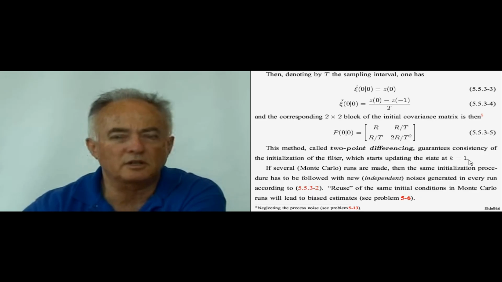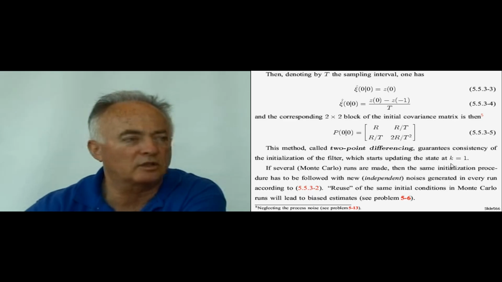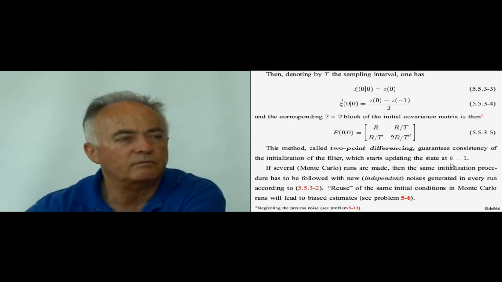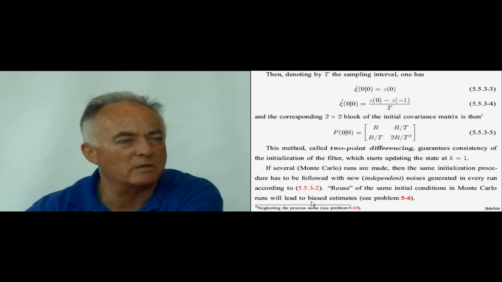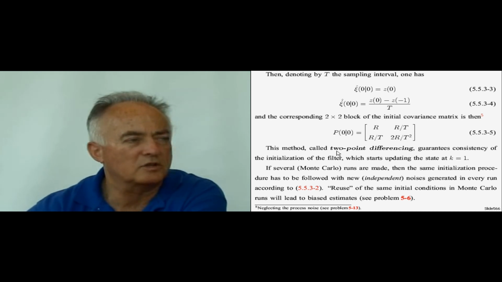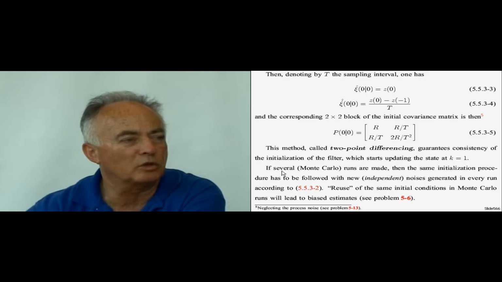So the filter really starts at k equals 0, initialized, and the first recursive update is done at k equal 1. It should be mentioned that here equation 5 does neglect the process noise. It can be added by modifying it slightly, as a problem asks you to do.